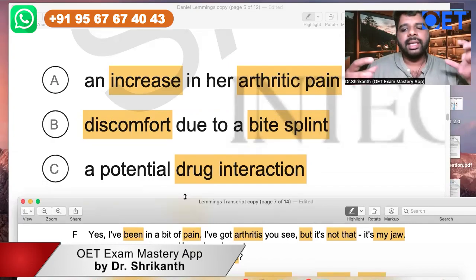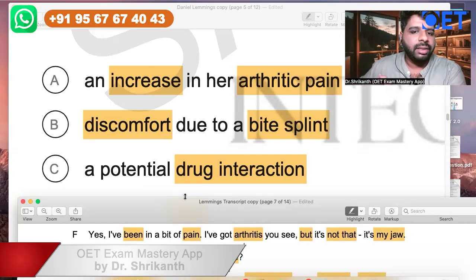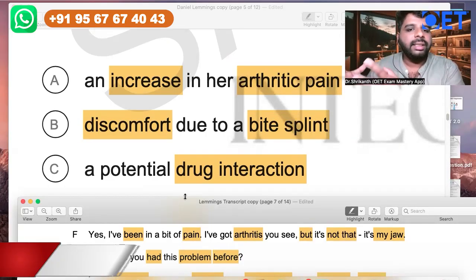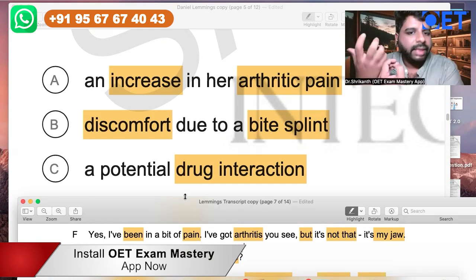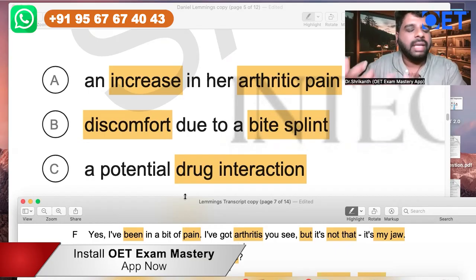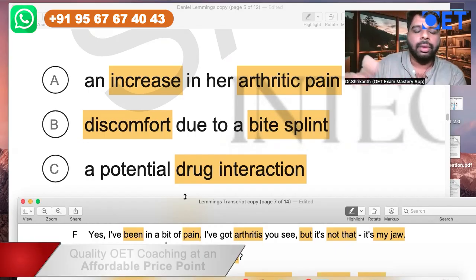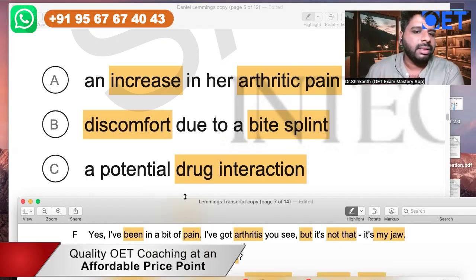She's saying in the future, something bad might happen to her because paracetamol is interacting with arthritis medication. Because of that, she is very anxious. That is the problem. And she is asking for a solution from the pharmacist. What should I do? Because I'm very scared about a potential drug interaction between paracetamol and arthritis medication.